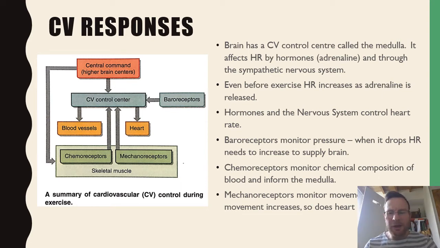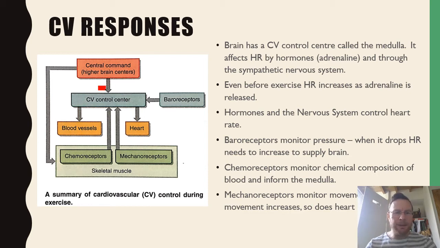Okay, so we're moving now on to the section on cardiovascular responses, and again there's a few key terms that you need to get across, and I'm going to try and go through them in stages. One important concept is this idea of a cardiovascular control center.